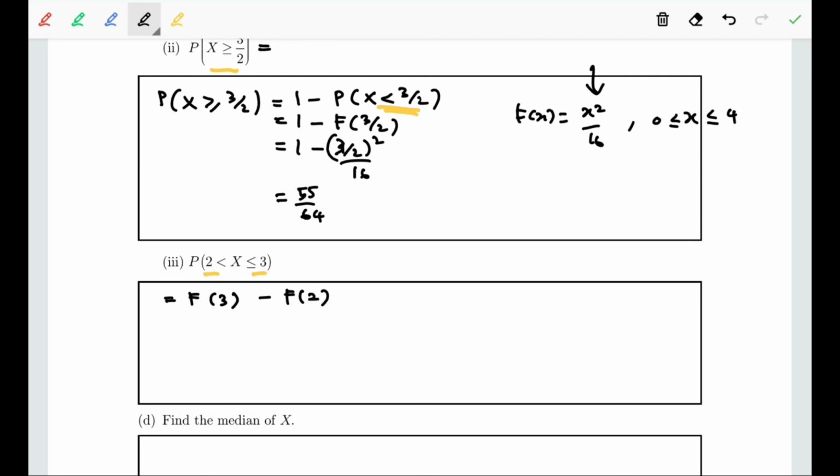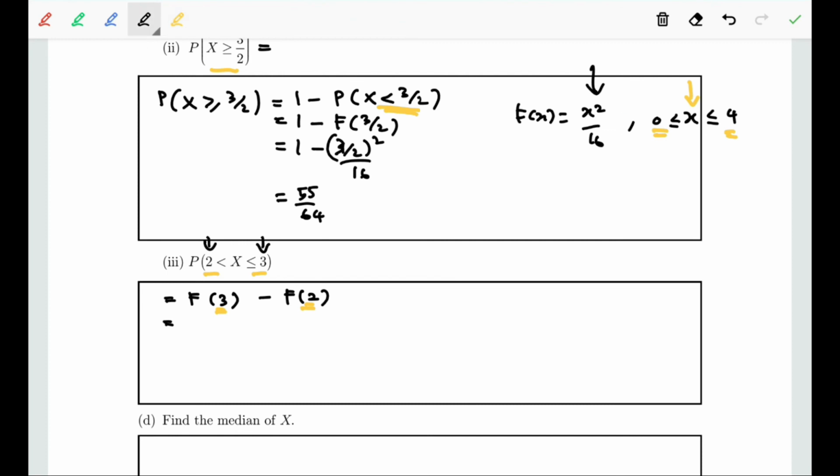Okay, f of 3 minus f of 2. It should be f of the upper limit minus f of the lower limit. Then we're going to substitute 3 and 2 into the correct function. Since 3 and 2 are located between 0 and 4, we're going to substitute into the same function.